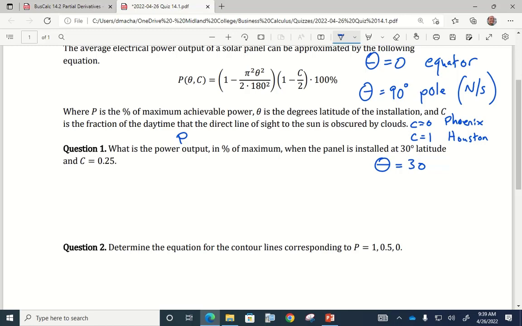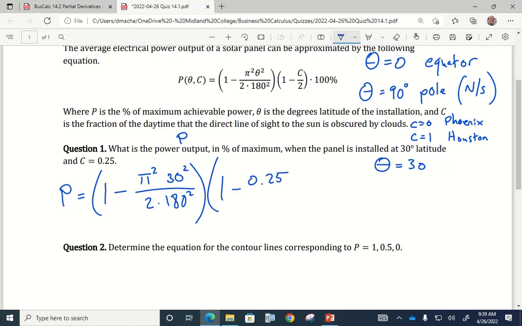Theta is 30 and C is a quarter, 0.25. So all we have to do for question 1 is plug in those numbers. I have 1 minus pi squared times 30 squared, because theta is 30, divided by 2 times 180 squared, times 1 minus 0.25 over 2 times 100%.